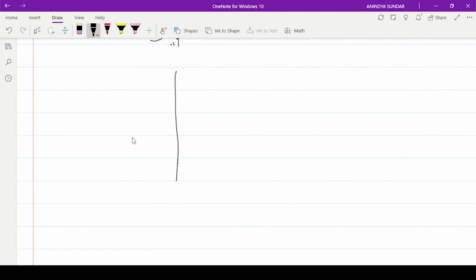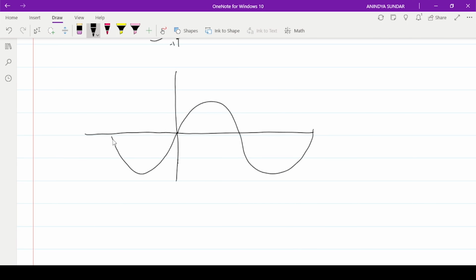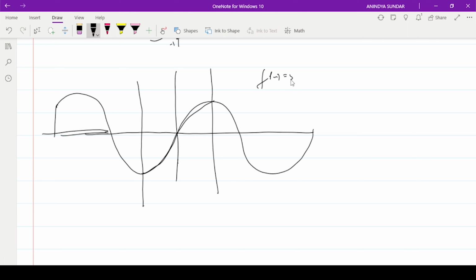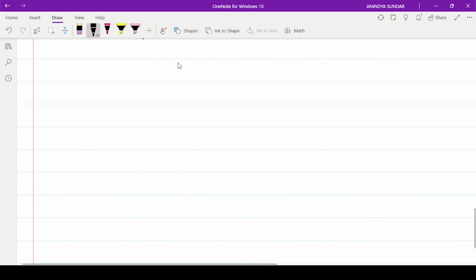So I am drawing it fresh. In this whole sine function, I'm just taking out this little portion. If I just pick this portion, now check whether this function is 1 1 or many one. This is the whole f(x) equal to sine function, and this is a little portion of that.